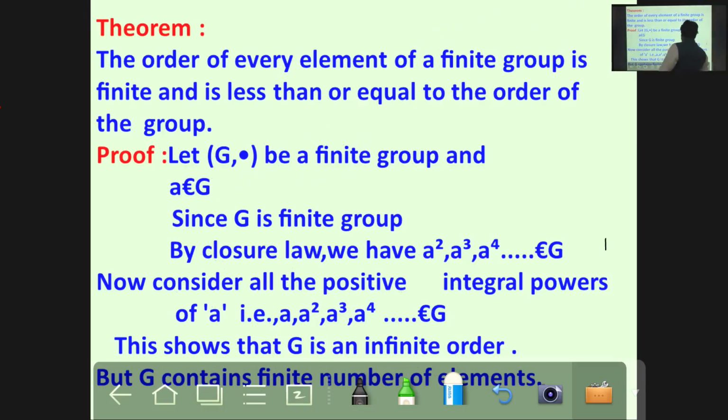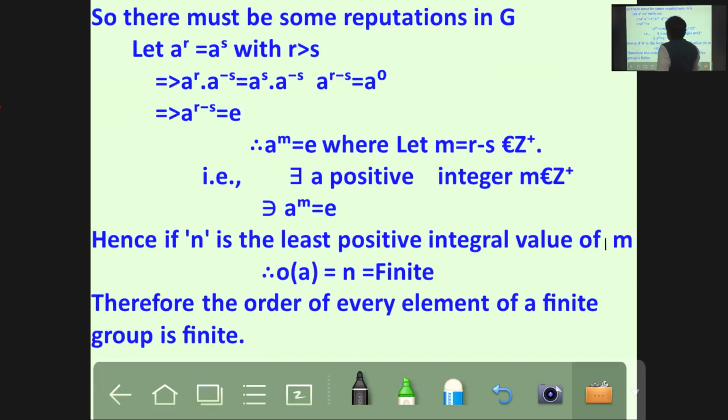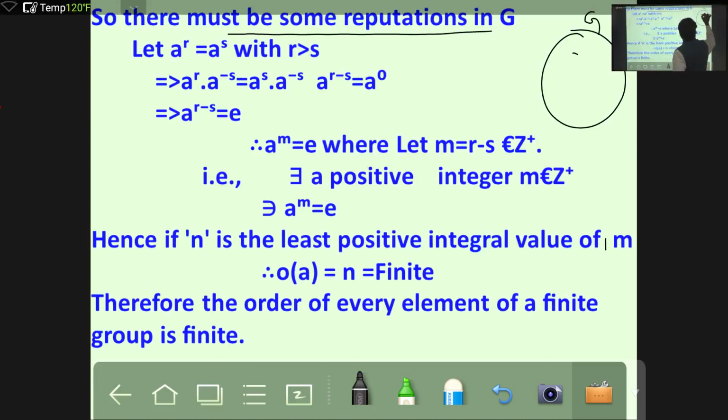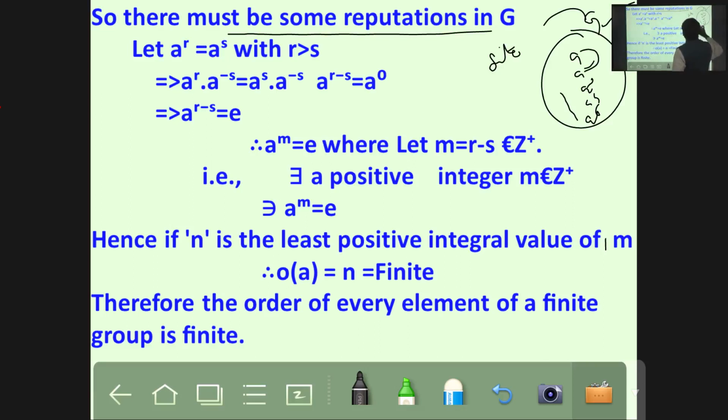There must be some repetitions in G. That is, suppose among a squared, a cubed, a to the power 4 and so on, this is the only reason G appears infinite. But G is given finite. Therefore there must be some repetitions, that is, some of these are equal.